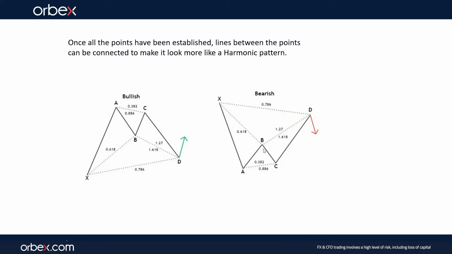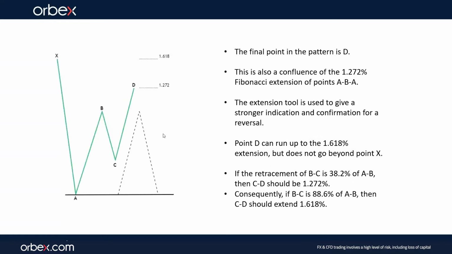And then we've got the next leg, which forms point D, and that's basically a 78.6 retracement from point X to point A, using the same X to A Fibonacci. And lastly, to get point D, we're doing an ABA Fibonacci extension, which can fall anywhere between 1.27 and 1.618. So this is the Gartley pattern.